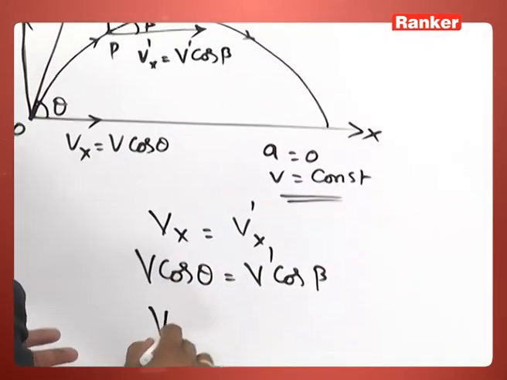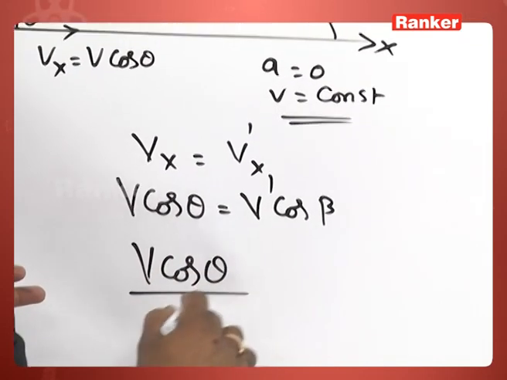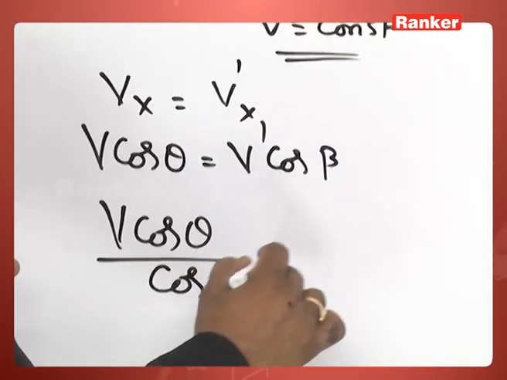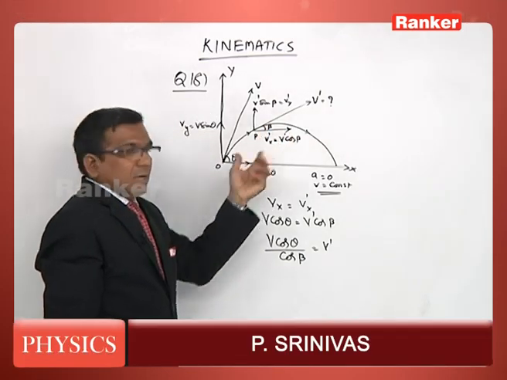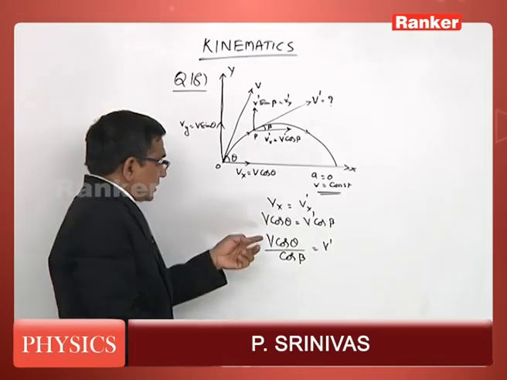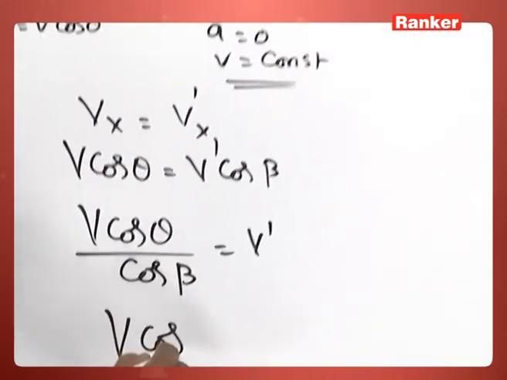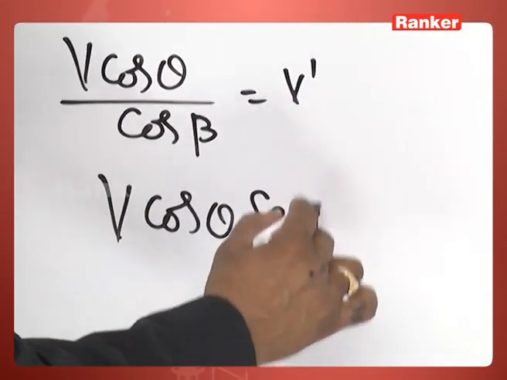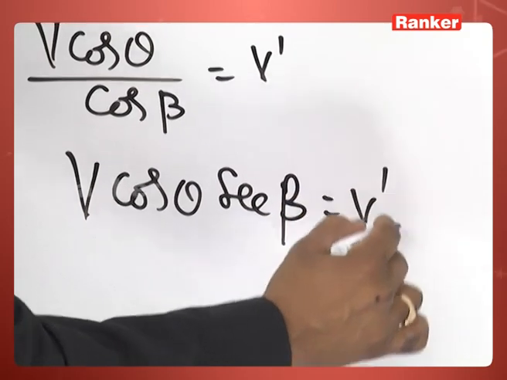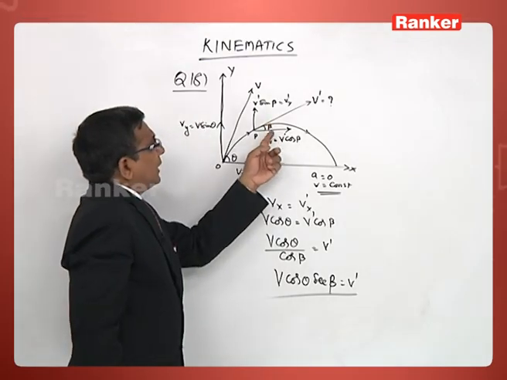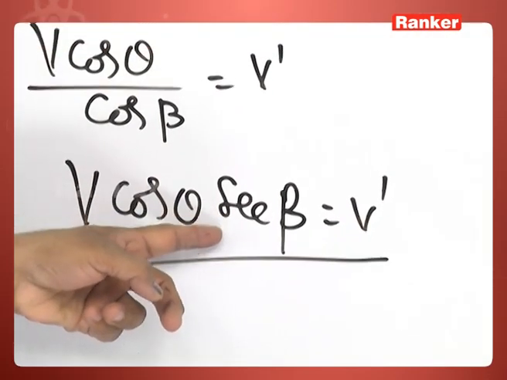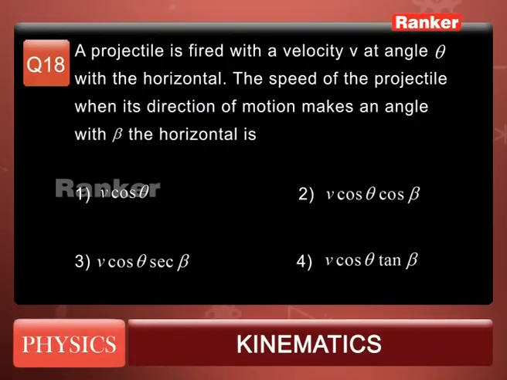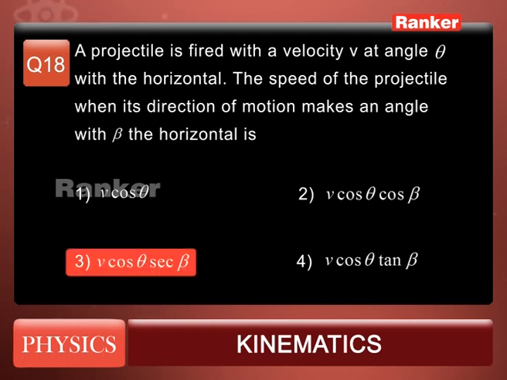So if you bring cos beta to this side, V cos theta by cos beta is equal to V prime, where V prime is the velocity when it makes an angle beta with the horizontal. So what is your answer? V cos theta by cos beta, which is secant beta, is equal to V prime. So when it makes an angle beta with the horizontal, the velocity will become V cos theta secant beta. So the answer 3, V cos theta secant beta, will be your answer. So 3 is the answer for this problem.